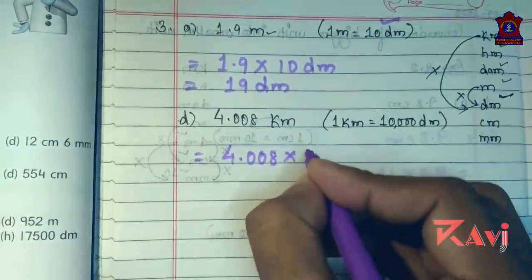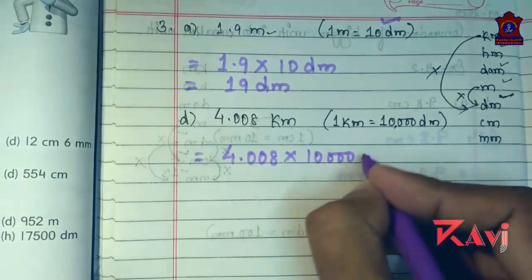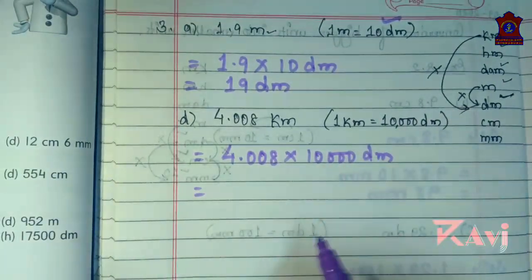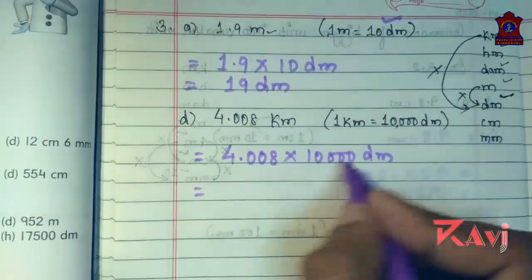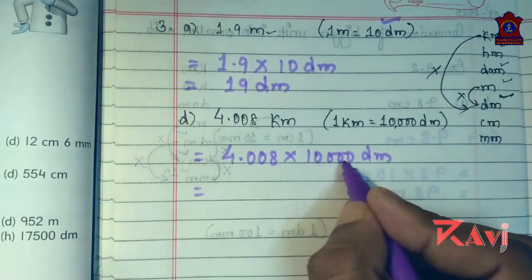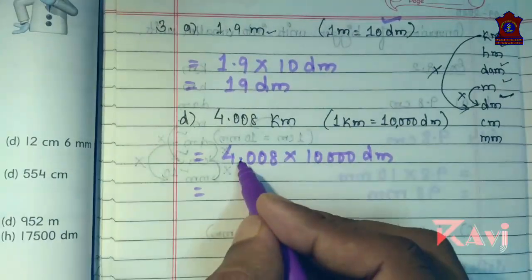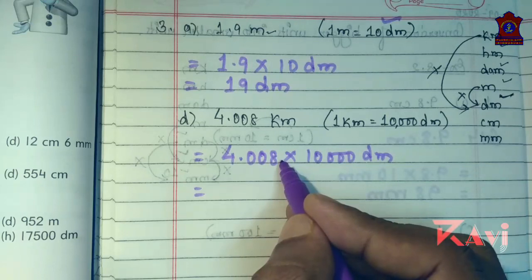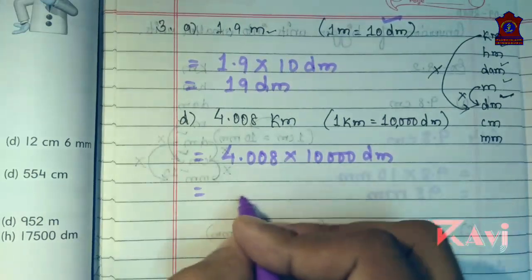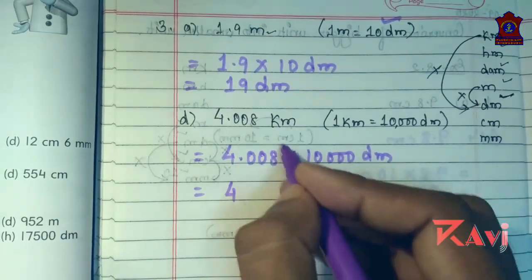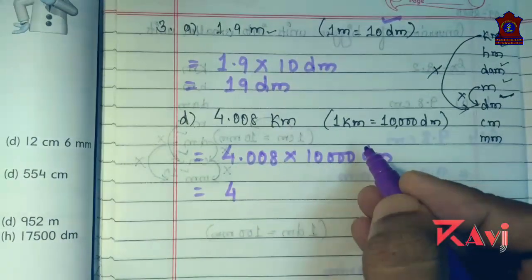Now 4.008 into 10,000 decimeter, as we are converting into decimeter. Now see how many zeros are there. 1, 2, 3, 4 zeros are there, and after the decimal only 3 digits are there. So the decimal will move to the right of the digits.